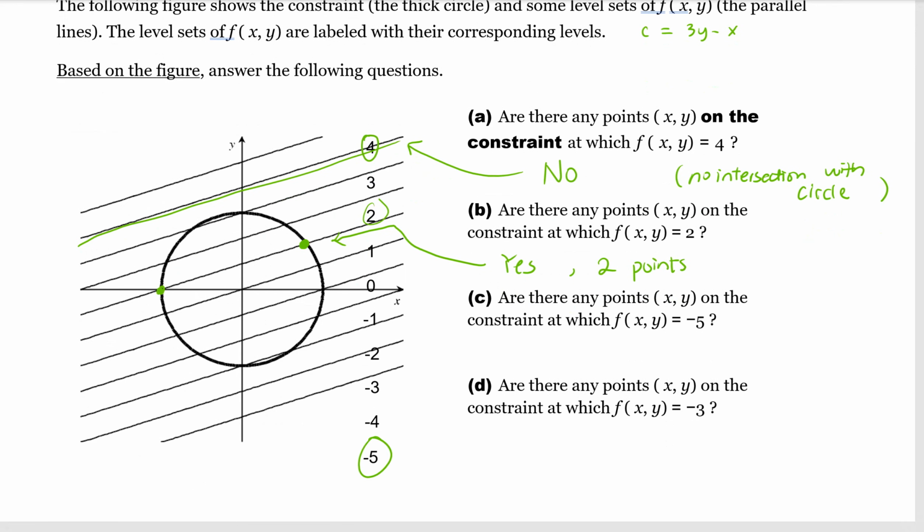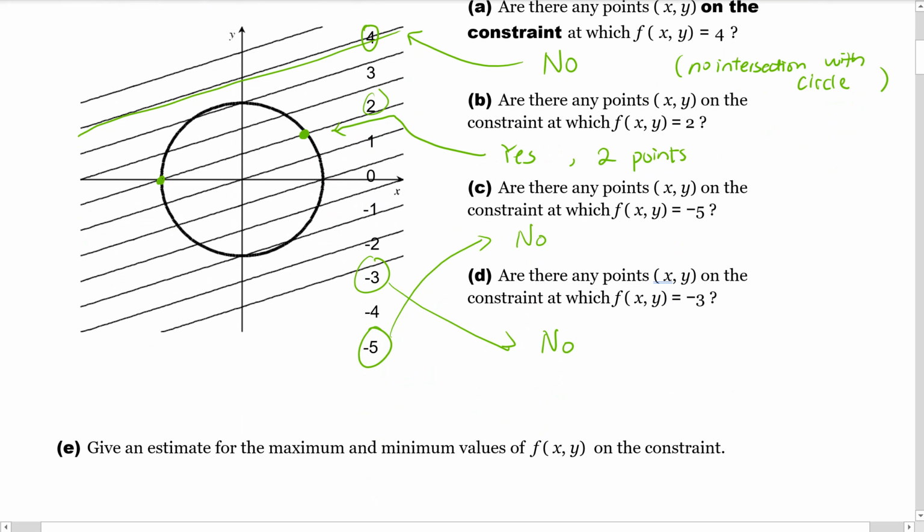No, right? It's too far away. Next. Are there any points x y on the constraint at which f of x y equals minus 3? You can see no intersection, so the answer is still no.